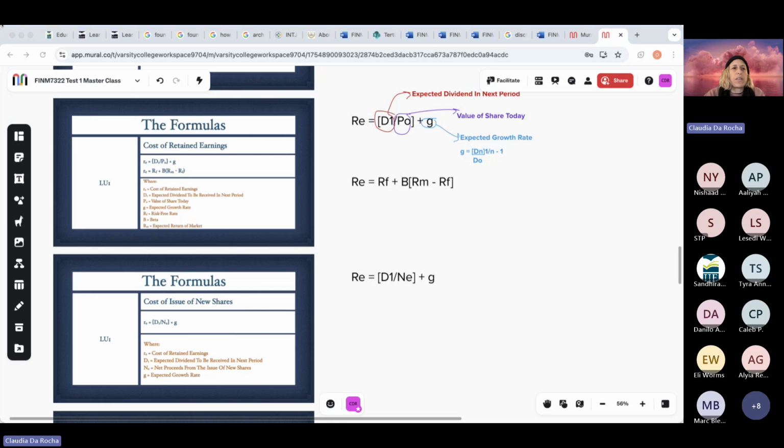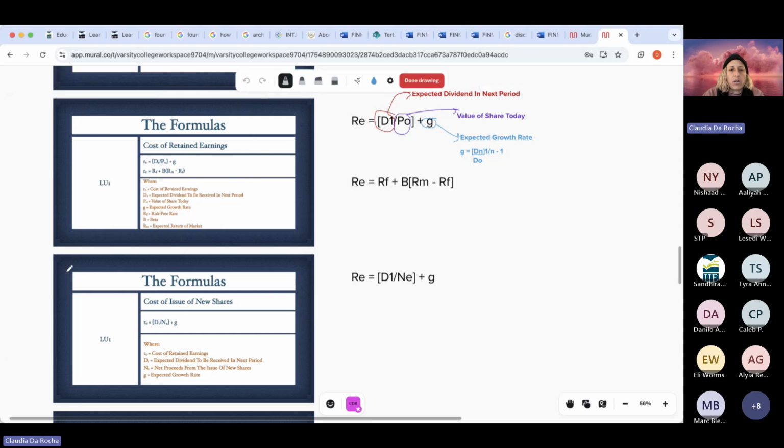Okay, so this is the formula that I would have run through with you in the masterclass. It would have been the exam one for 3A. So its growth is equal to Dn over Do to the power of 1 divided by n, minus 1. So Dn being the dividend at the end of the period and Do being the dividend right now. Okay, so it's important that we still know this formula.